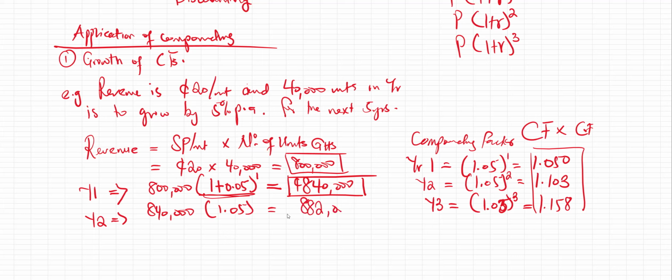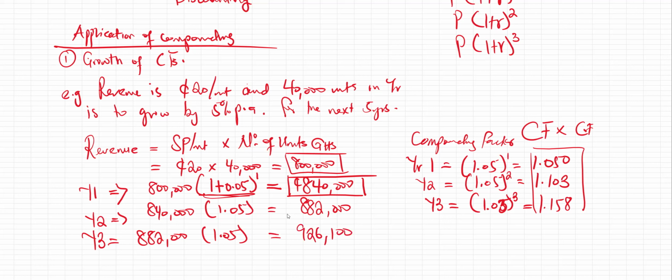Then we go to year 3. We take our 882,000 again, multiply by the same 1.05, and that gives us what? 926,100.